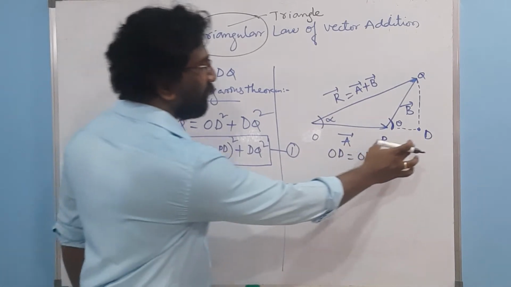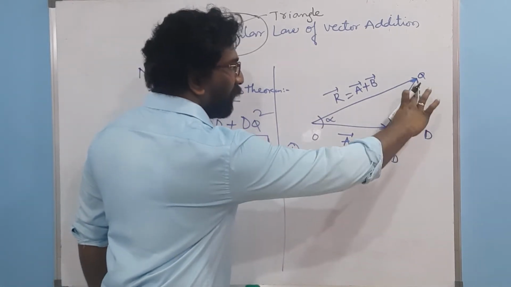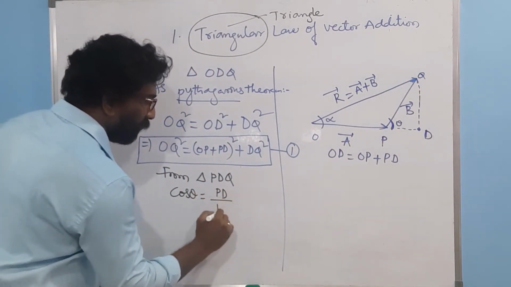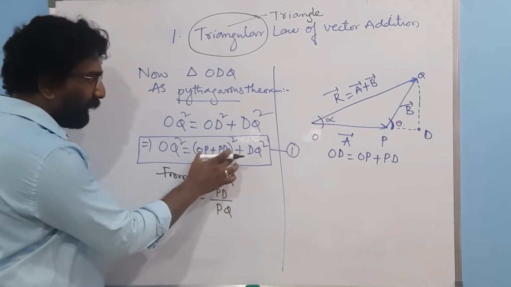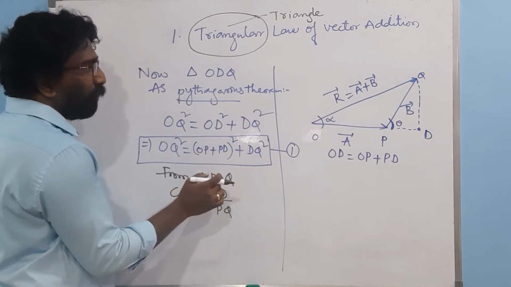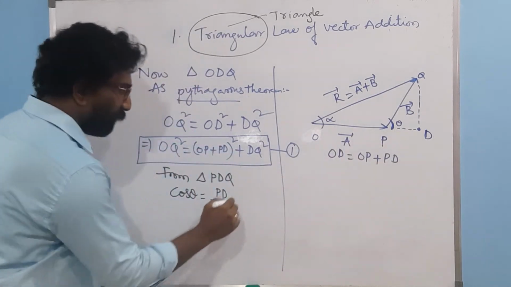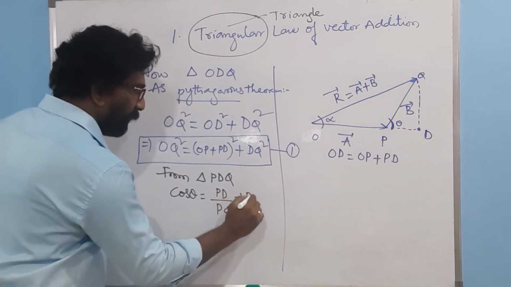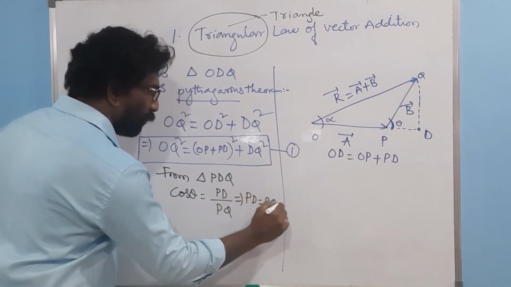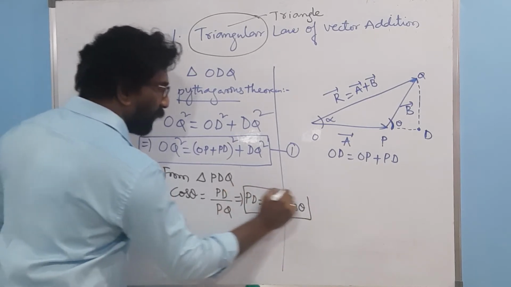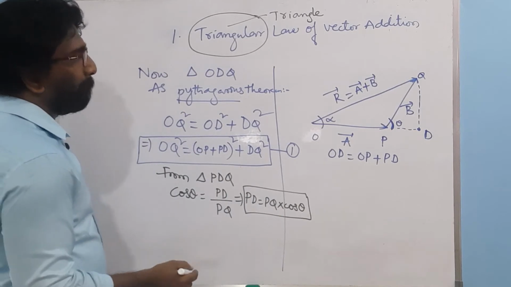Here adjacent is PD, and hypotenuse is PQ. So cos theta equals PD over PQ. What I need to find is PD. Then PD is equal to PQ times cos theta.